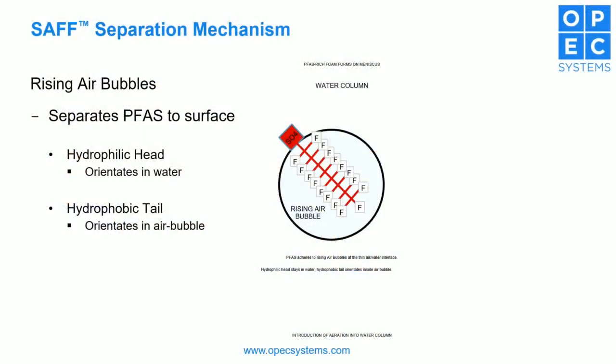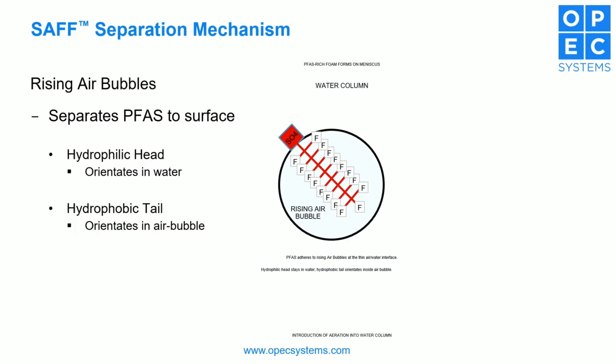Okay, so foam fractionation works on this principle where a PFAS molecule has a hydrophilic, water-liking or soluble functional head chemistry and a hydrophobic, less water-loving tail. And basically when we introduce air bubbles into a water column, the PFAS molecule orientates the head to be in the water and the tail to be out of the water.